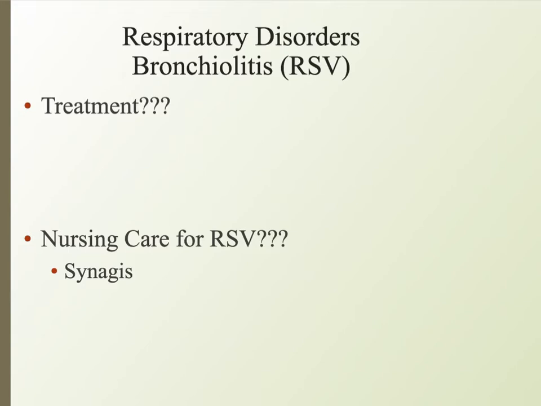It's very contagious. There are kids that we can give a prophylactic shot. It's not really a vaccine, but it's kind of like our flu shot in a way. That's for those really high-risk kids who are going to get the severe illness more easily.